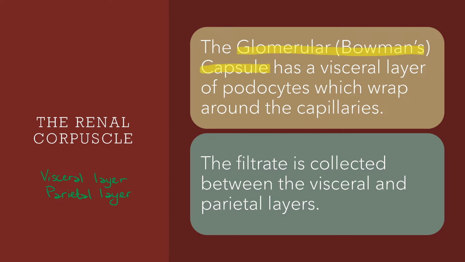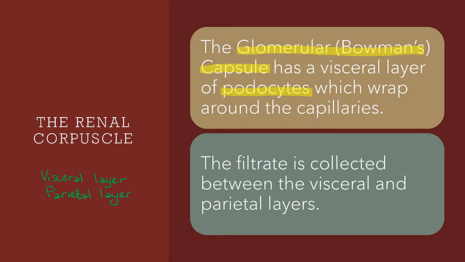So the visceral layer here consists of modified simple squamous epithelial cells, which are called podocytes. Now, many foot-like projections of these cells will wrap around the single layer of endothelial cells of the glomerular capillaries, and it forms the inner wall of the capsule.